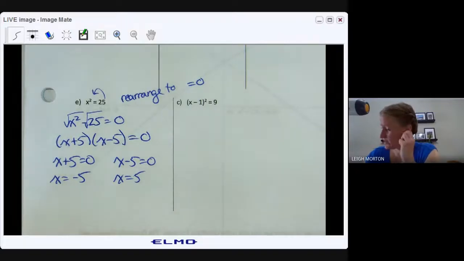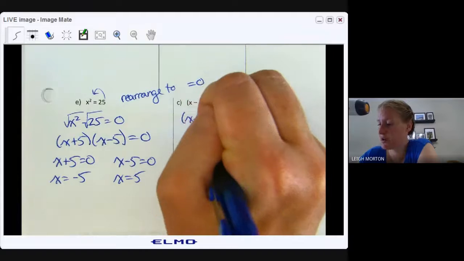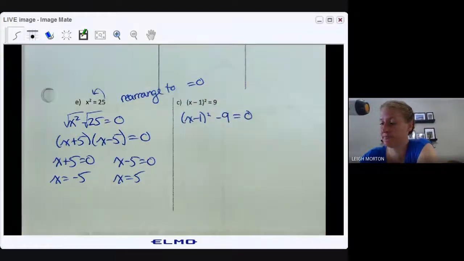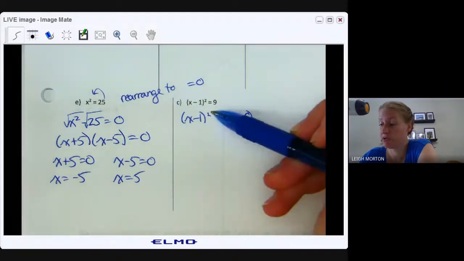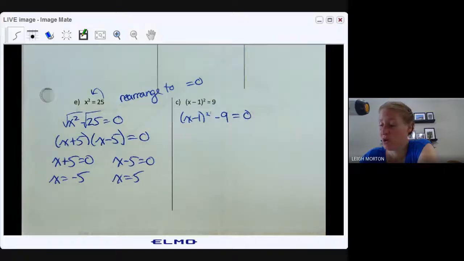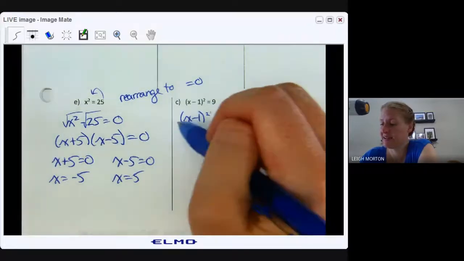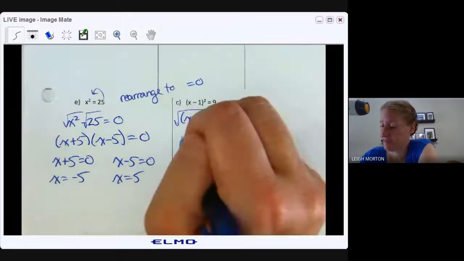Now this last one, let's work through it together for a moment. So we're going to have x minus 1 squared minus 9 equals 0. Now this looks confusing. You've got two options here. You could use FOIL and expand and collect and factor. Or you could say, hey, that's a perfect square because it's being squared, and so is this. It's still difference of squares.